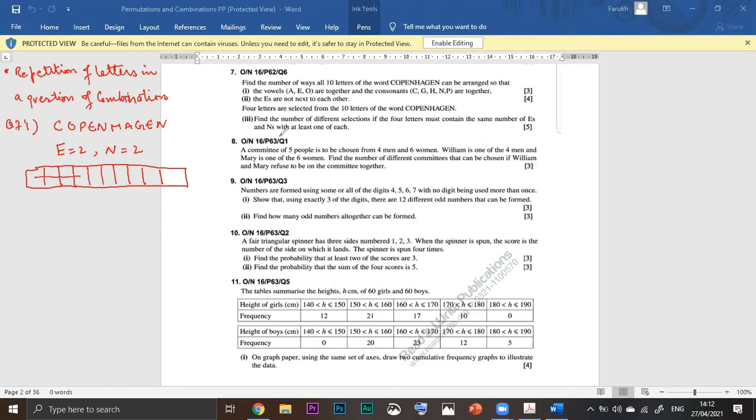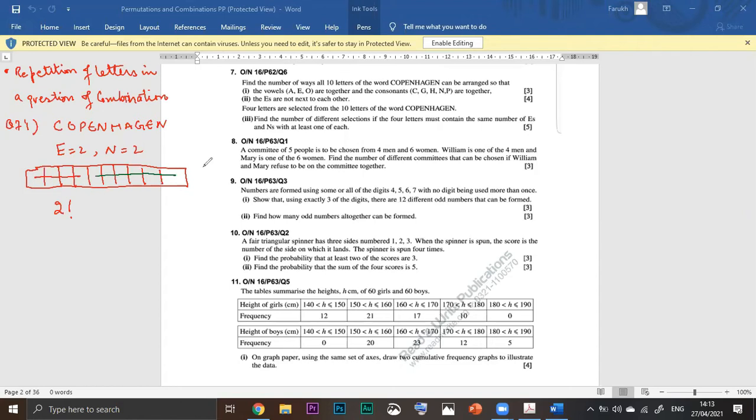These are 4 vowels. These are 6 consonants. Now we have 2 combined boxes, so for the 2 combined boxes, we have 2 factorial ways to arrange them.